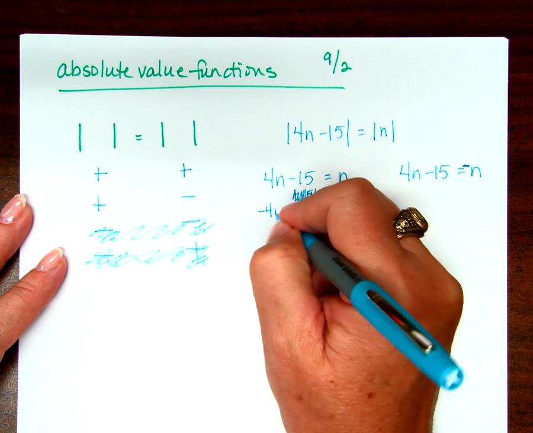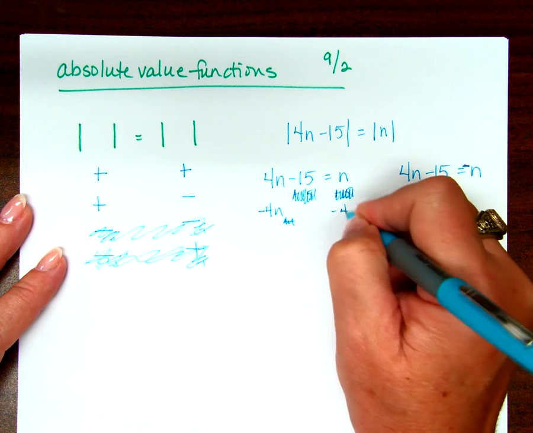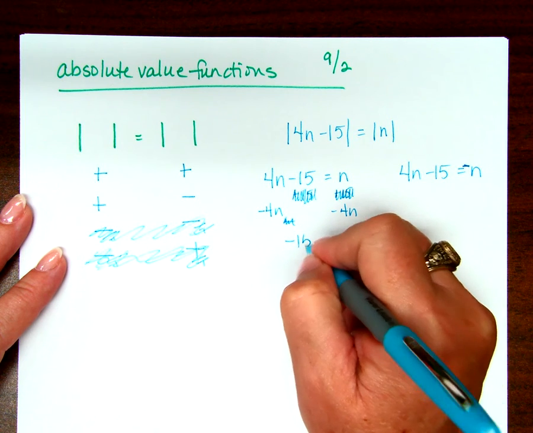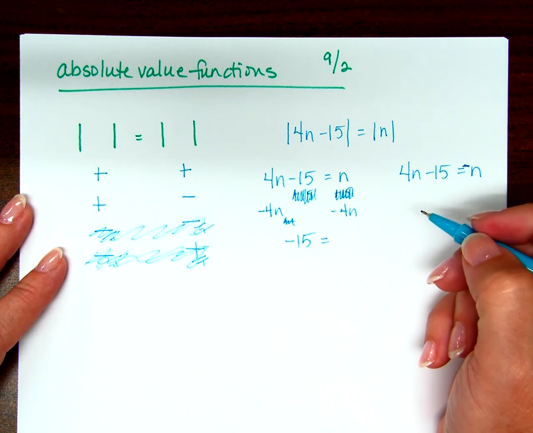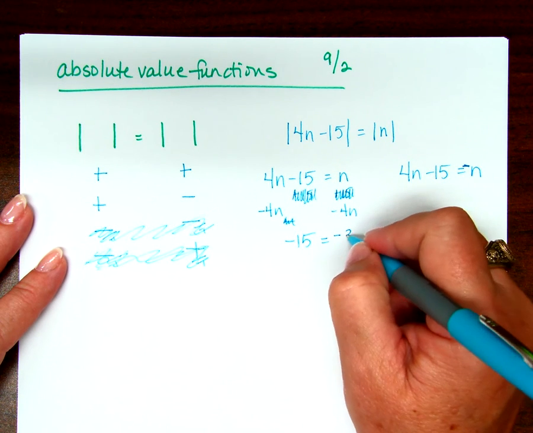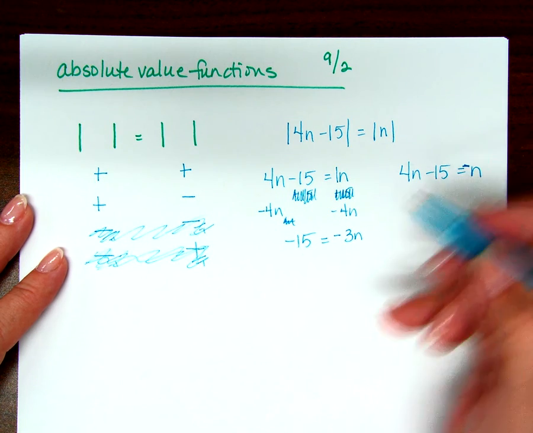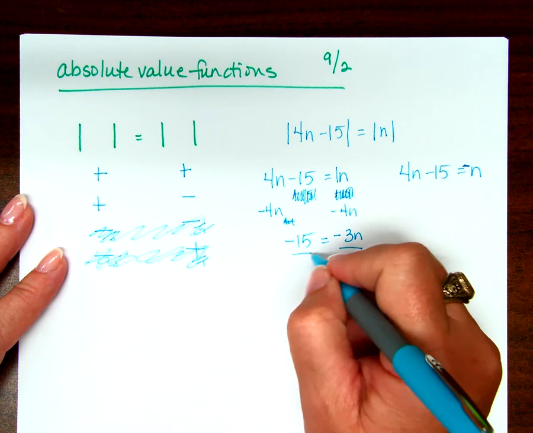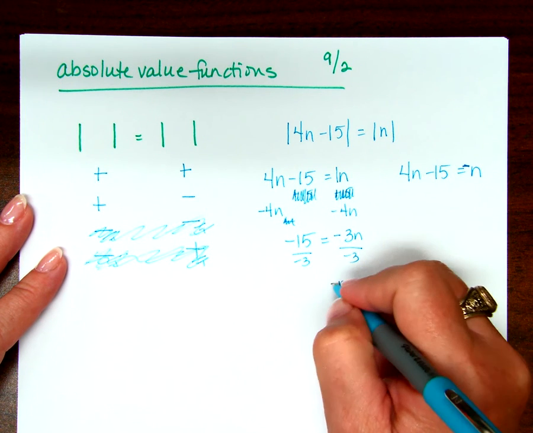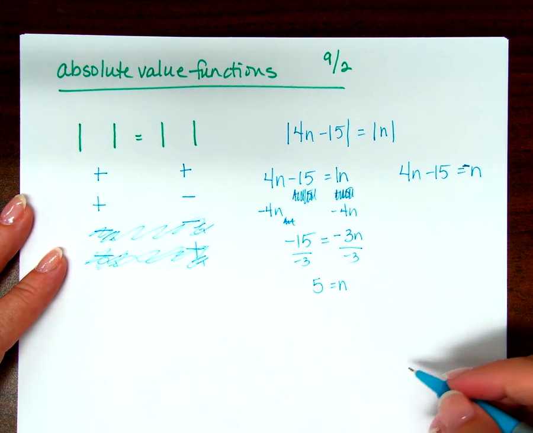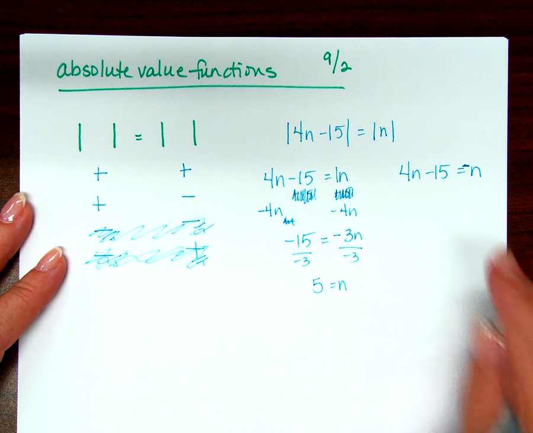Subtract 4n here and here. So I would get -15 equals -3n, right? Because I got a 1n right here. If I divide both sides by -3, what do I get? Positive 5, right?